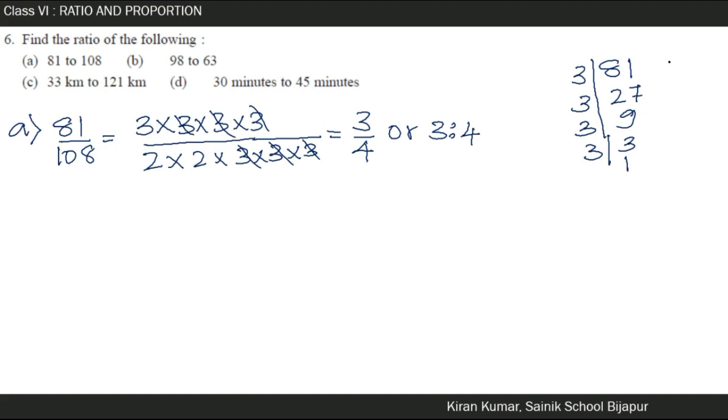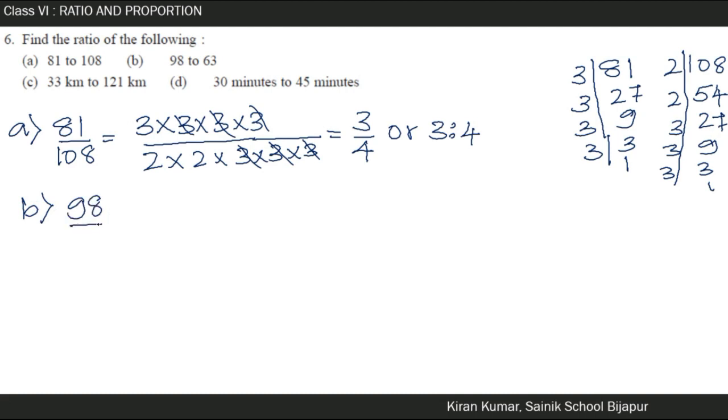Now let me consider 108. 108 is an even number, so I can divide it by 2, 4 times 2, 27 times, 3 9 times, 3 3 times, and 3 1 time. This is how I can express it as a product of primes. Or if you want to divide continuously by 3, there is no problem in that. This is a simple method.